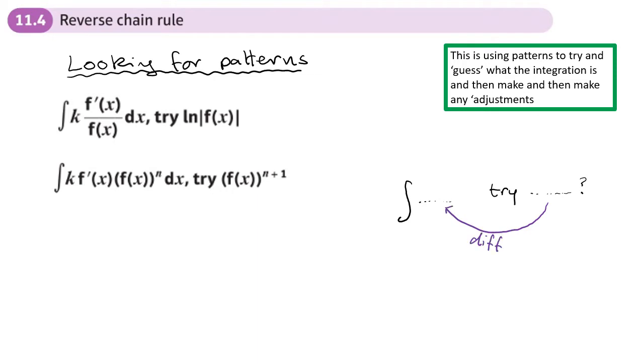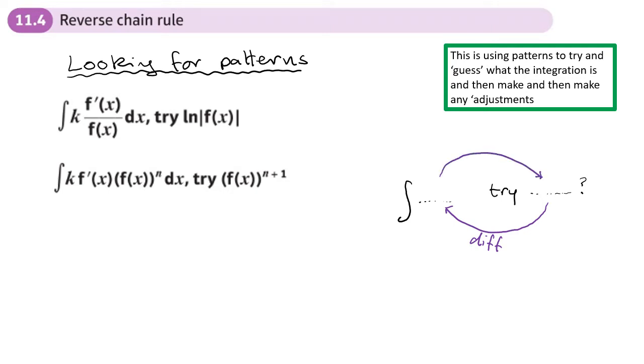Now you may find that what you've guessed the answer may be is completely wrong, or it may be that it's half as big as it should be, it's 3 times bigger than it should be. There may be some sort of multiple that we need to multiply it by to get it to work.